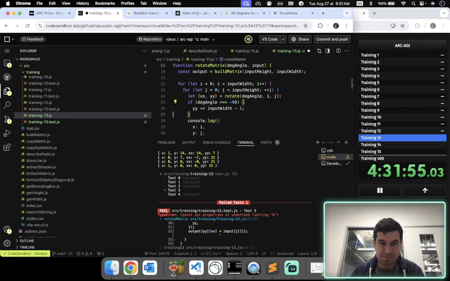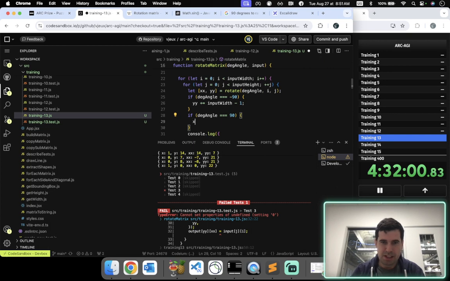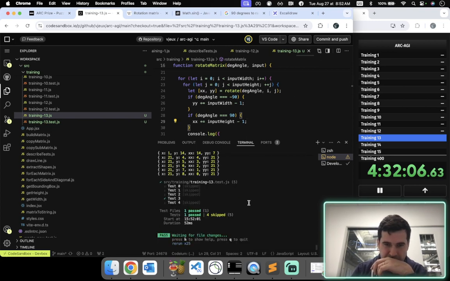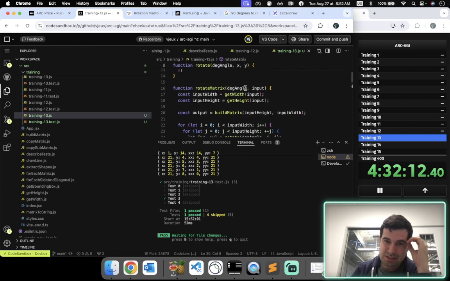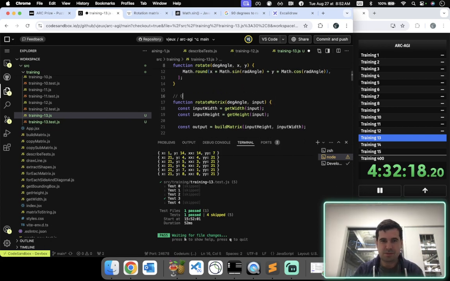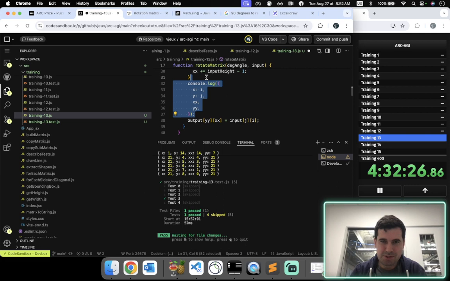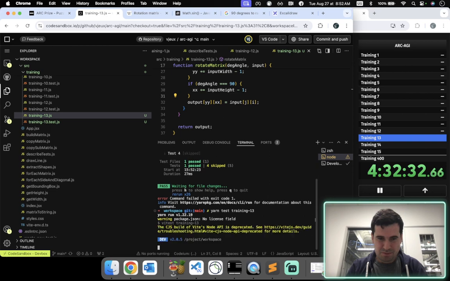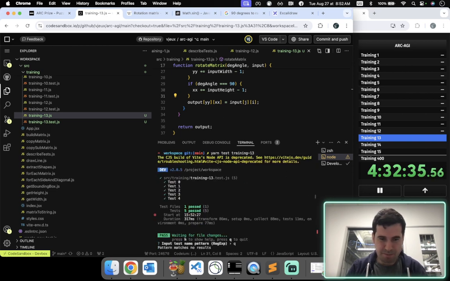This is going to be this one. And if diag angle equals 90, it's probably going to be x plus equals input height minus 1. Yep. I don't know why, but do I really want to figure out why? It only works with minus 90 on 90. Yeah, I'm not interested in finding out why. Okay, so now it's working.